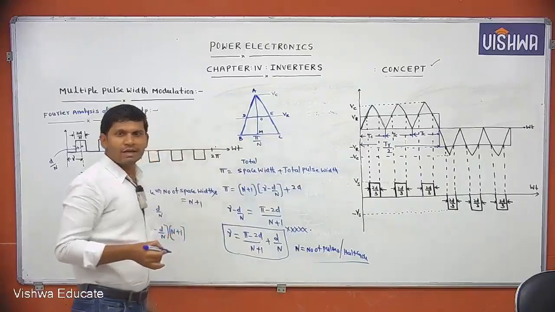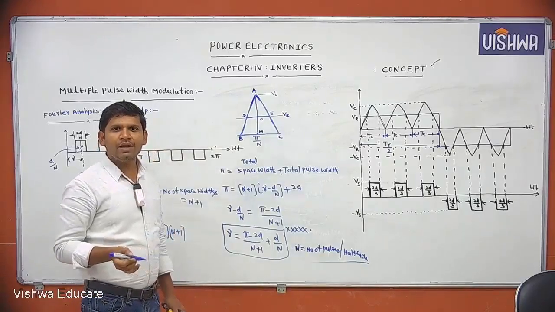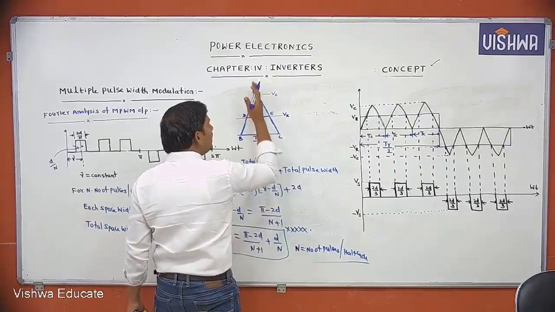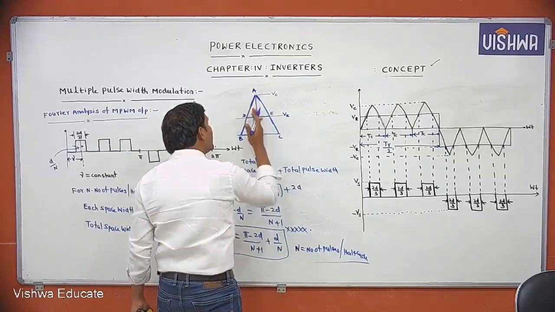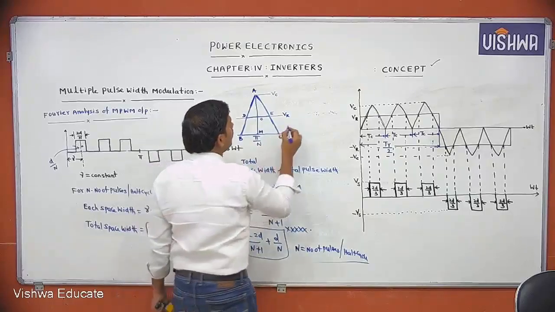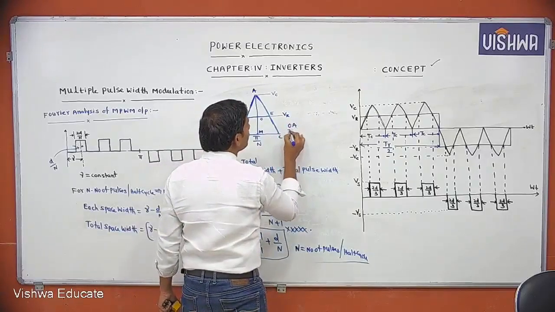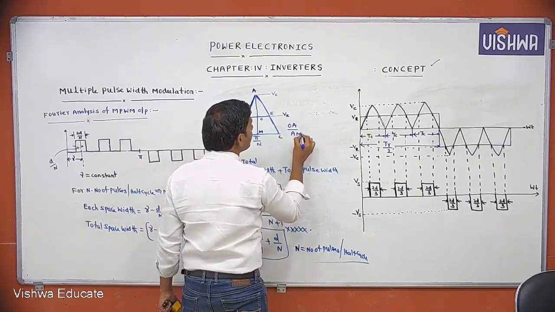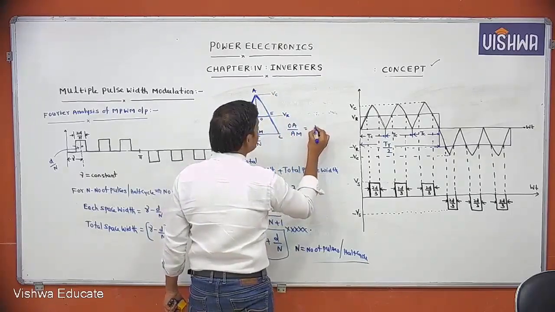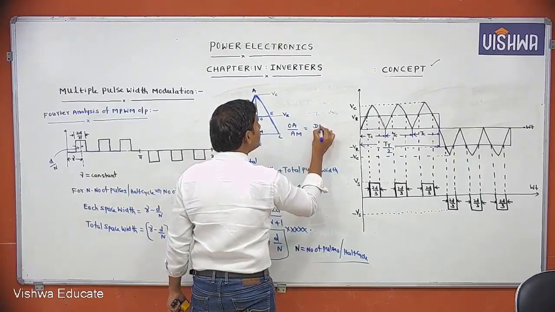These two triangles are similar triangles. According to the similar triangle concept, if a vertical line is drawn from the midpoint, OA by AM equals DE by BC.